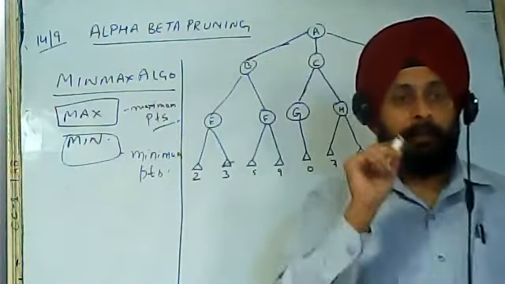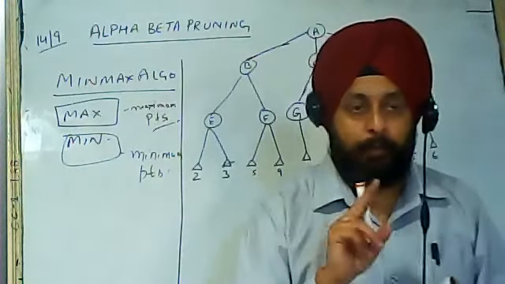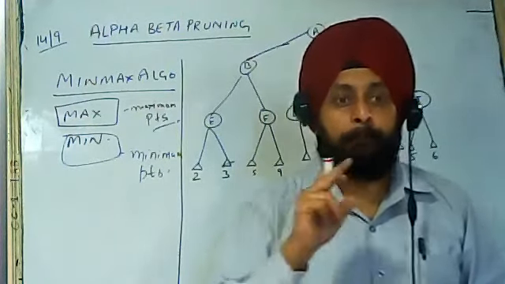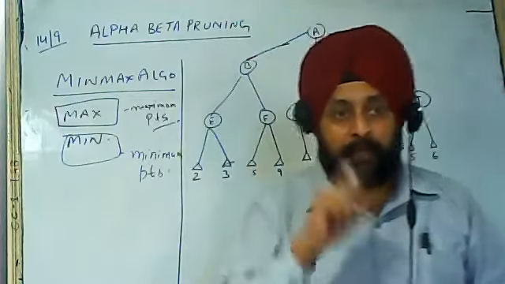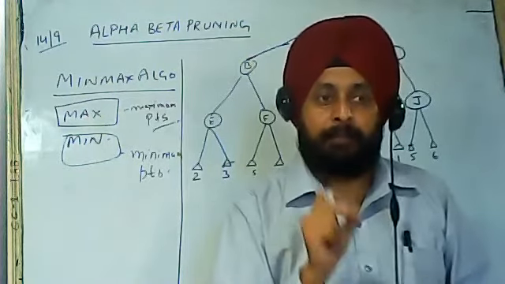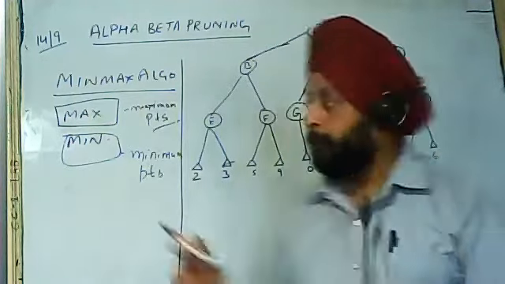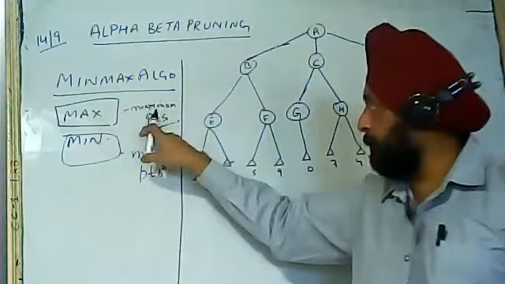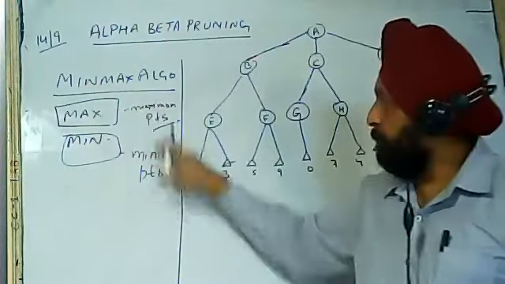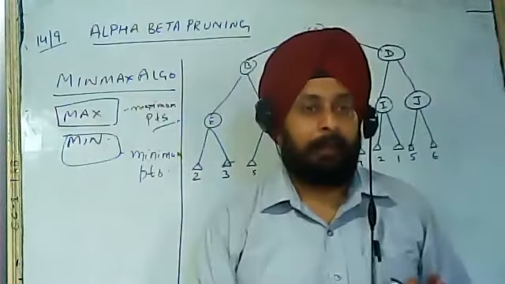So the move of max and the move of min, both are in perspective of max, meaning how many points max will get. Max will try to gain maximum points and min will try to fetch minimum points to the maximum. So this was the strategy in the min-max algorithm.